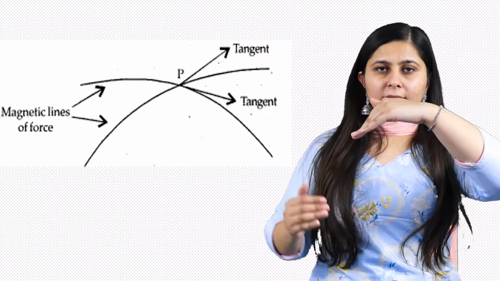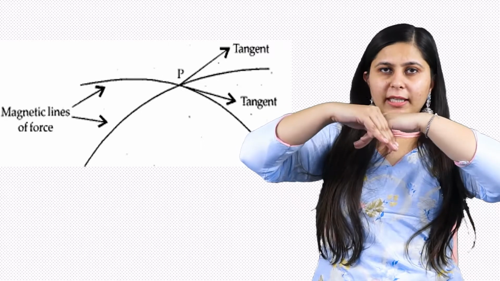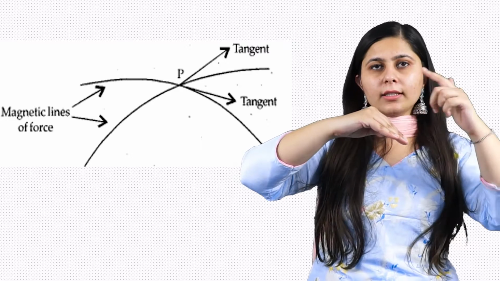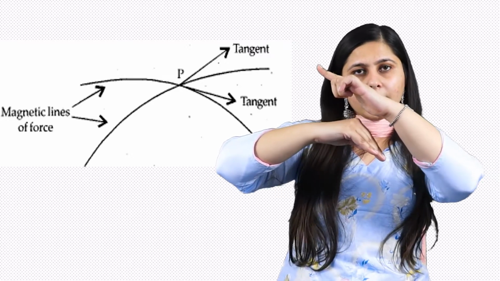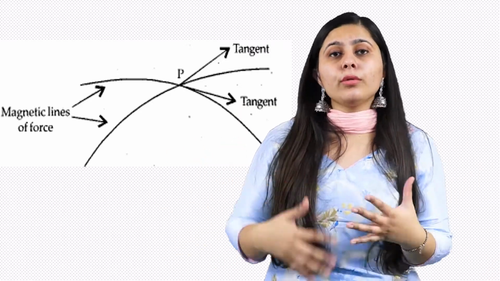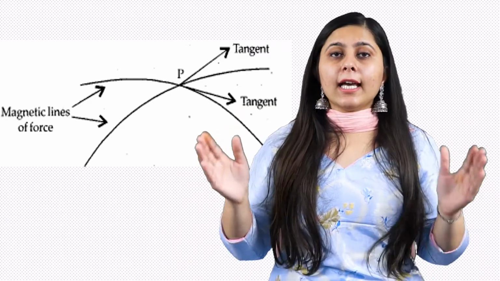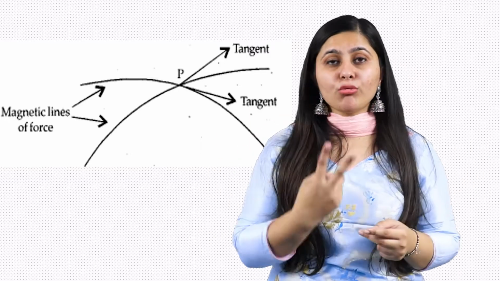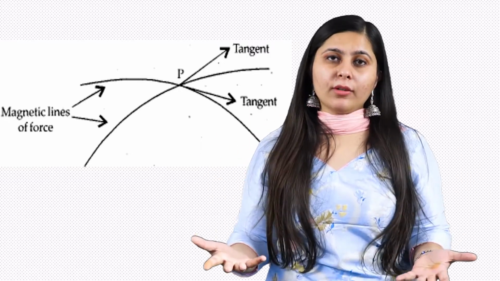Suppose this is a magnetic line and this is another magnetic line, and now they are intersecting. Now draw a tangent. For this line the tangent will go in the upward direction, and for this one the tangent will go in the downward direction. So what do you get? You realize that the direction of force is different; we are getting two directions of magnetic force.